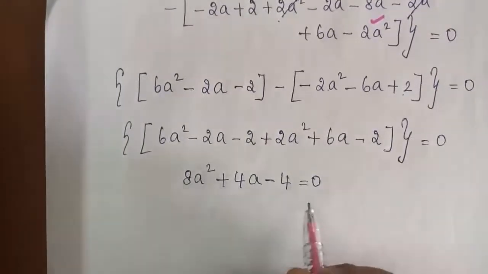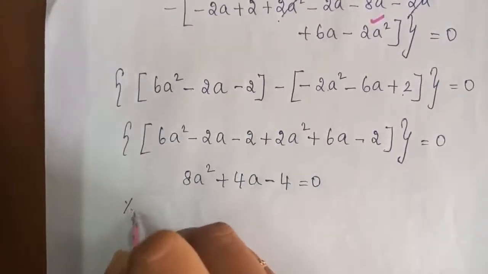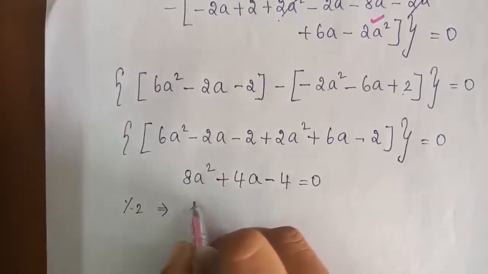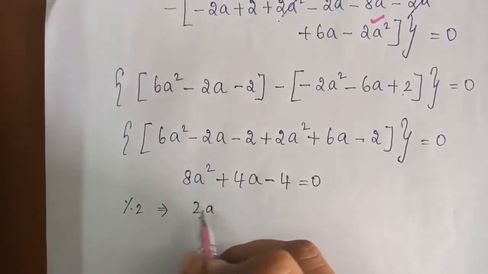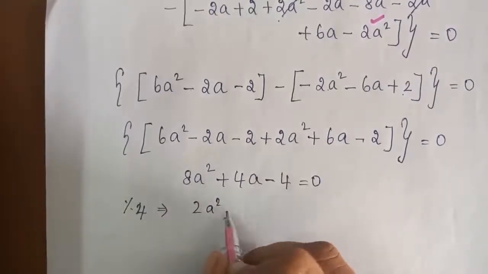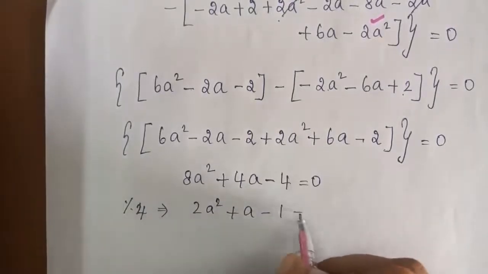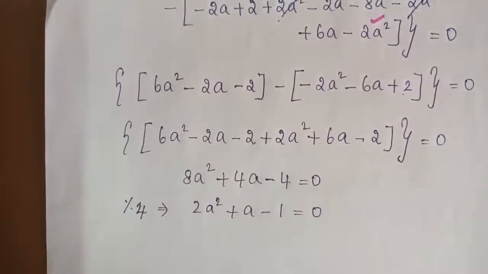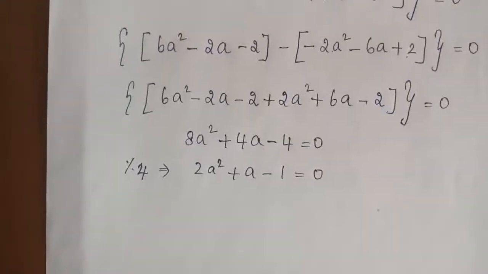So this is a multiple of 2. Divide by 2, you get 2a square plus a minus 1 is equal to 0. So this you get is the quadratic equation.